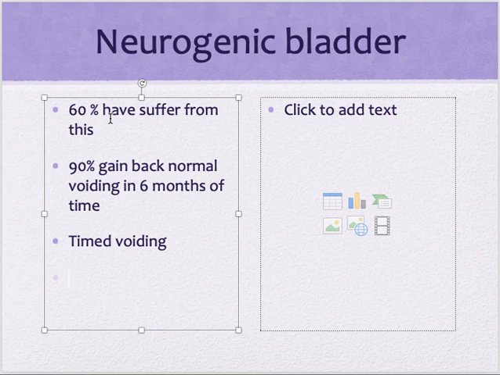Clamping means they block the flow of urine so that the bladder can expand. With time they increase that duration to train the bladder, to train the detrusor muscle. This is very helpful in the patient.